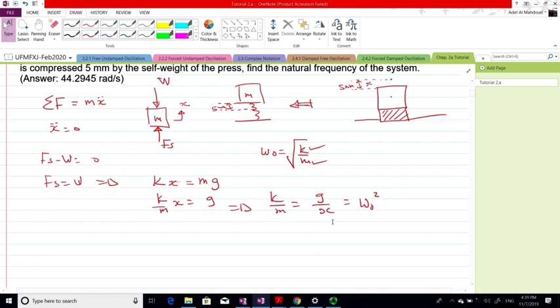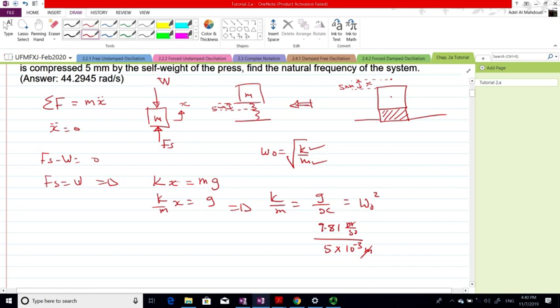Then g is 9.81 meters per second squared, divided by x, which is 5 millimeters. So we have to convert it to meters, which is 10 multiplied by 10 to the power minus 3 meter. The meter with meter will be cancelled, right?